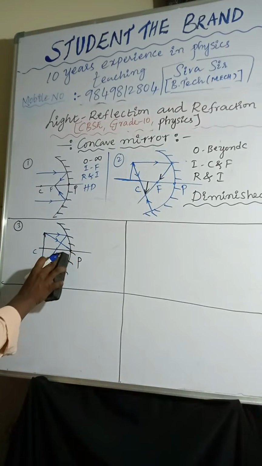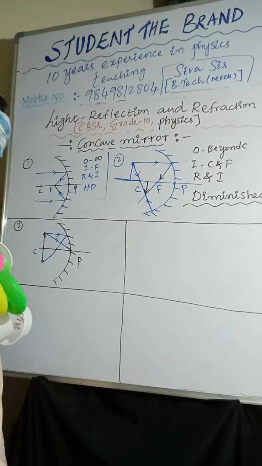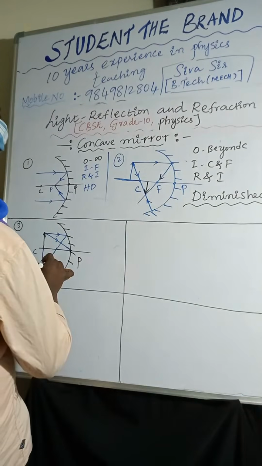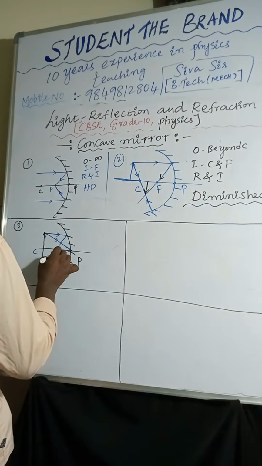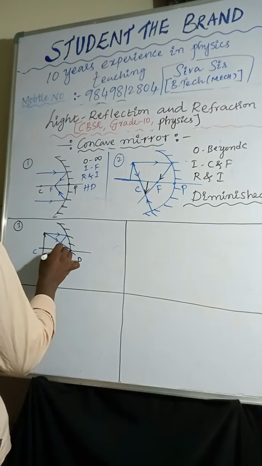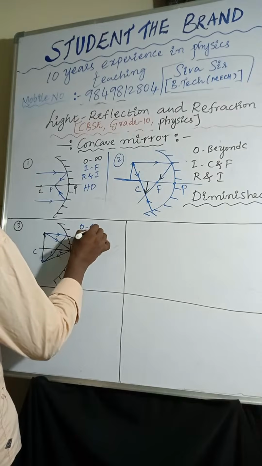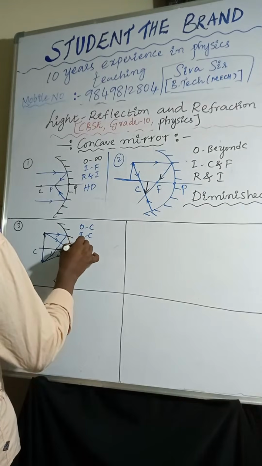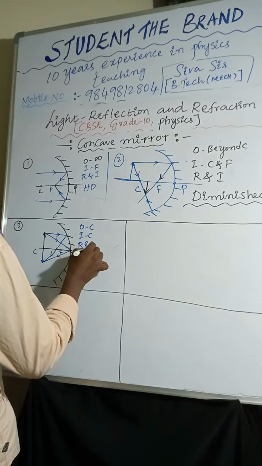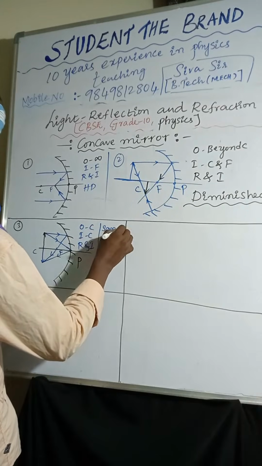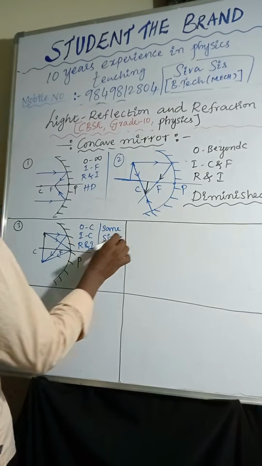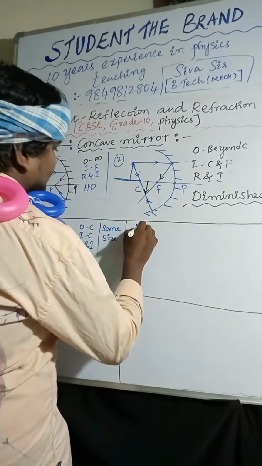Incident at C. So object at C, image also at C. Nature of the image is real and inverted. Size of the image is same size.